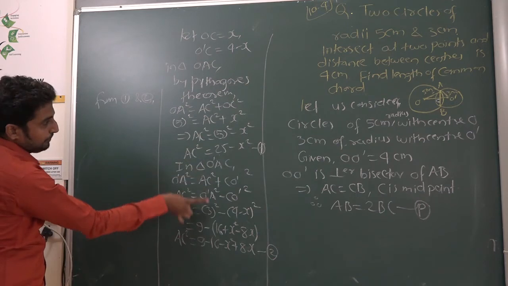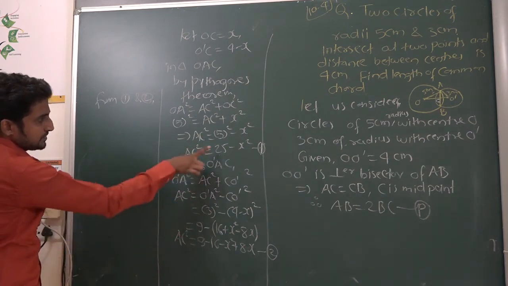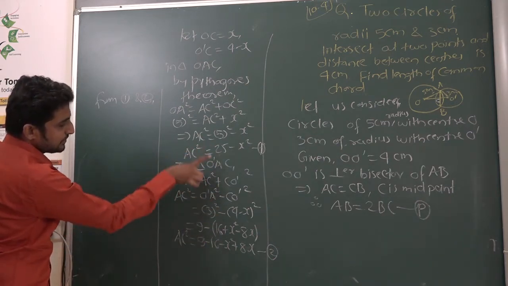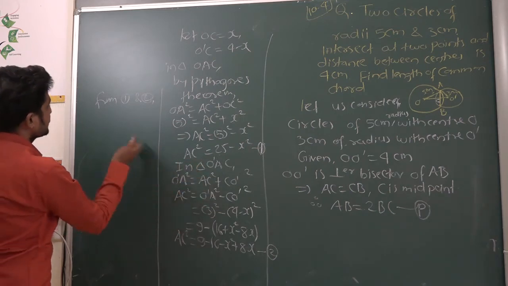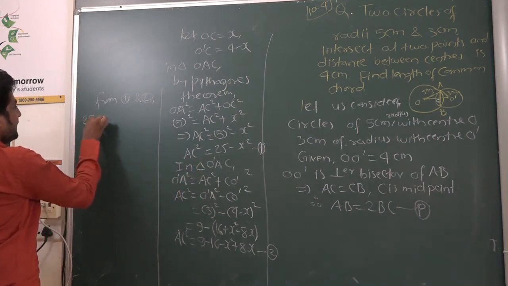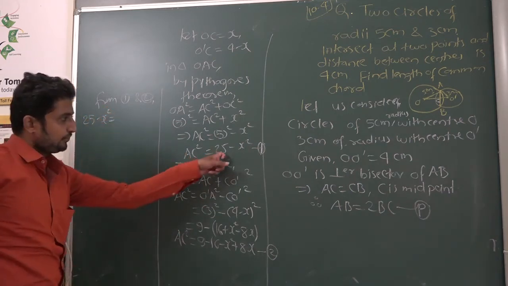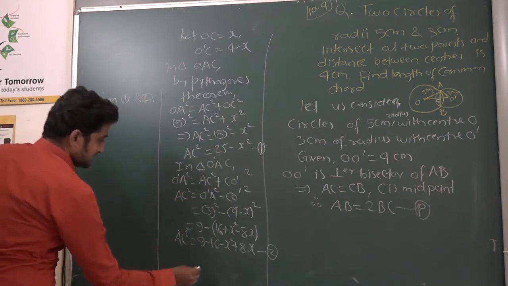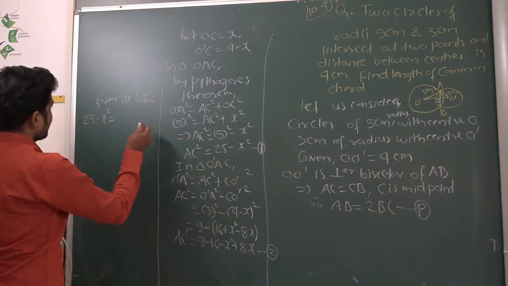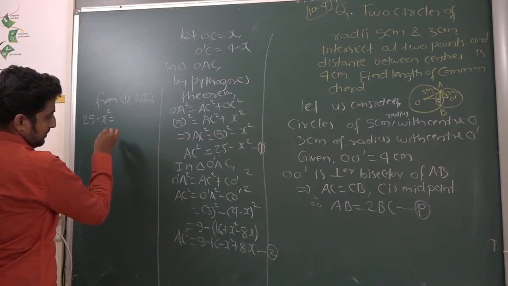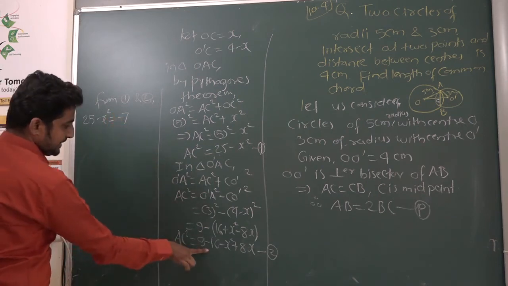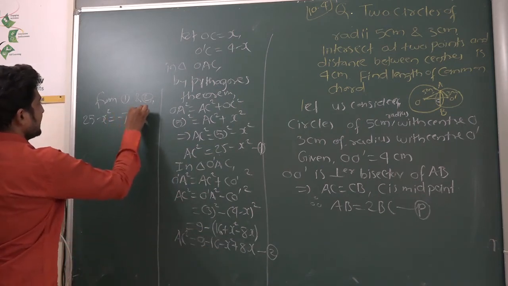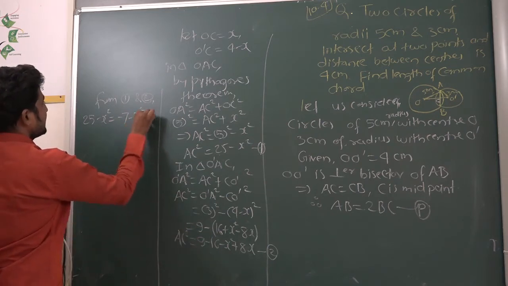what we conclude? LHS are equal, so RHS must be equal, right? So it is 25 minus x square is equal to this. It is 9 minus 16, which is minus 7, minus x square plus 8x.